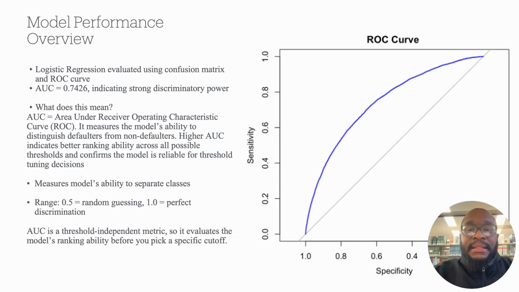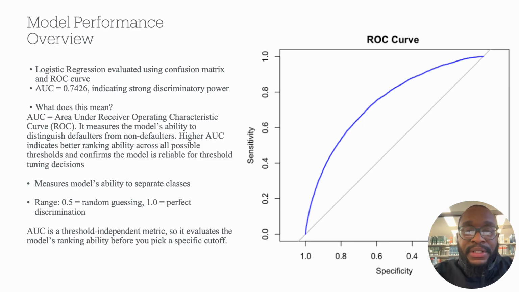So now we take a step back and look at the model's performance at different thresholds, and how it compares to random guessing. Our logistic model was evaluated using the confusion matrix, as we mentioned earlier, and the ROC curve.